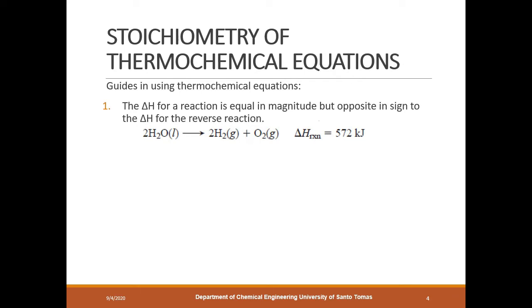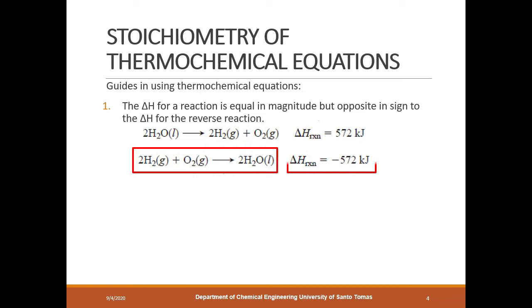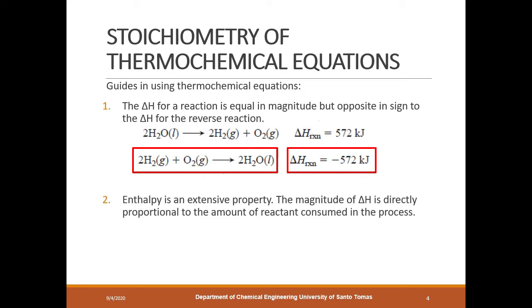Now, when we reverse the equation such that our hydrogen and oxygen become our reactants, our heat of reaction will have the same magnitude, only that this time it is going to have a negative value. So we highlight this in this box.